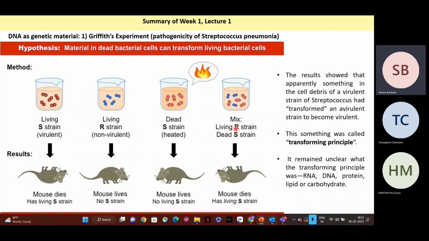That means the harmless bacteria was living, but the disease-causing bacteria was dead. But even then the mouse died. So there is something even in the dead bacteria that is getting transformed into the living bacteria and is causing the mouse to die. This something was called the transforming principle. But whether this was RNA, DNA, protein, lipid, or carbohydrate was not clear from Griffith's experiment.